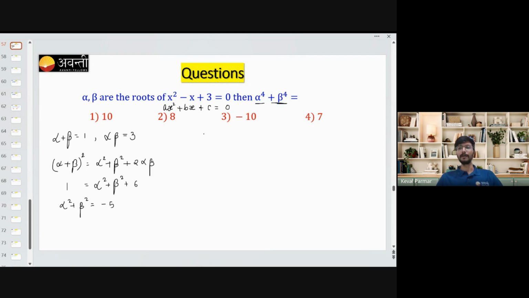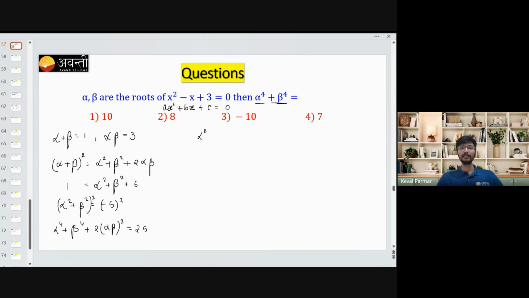Now we want power 4. So what do we do? We square on both the sides. If we square on both the sides, what we'll get? Alpha raised to the power 4 plus beta raised to the power 4 plus 2 alpha beta the whole square equals to 25.